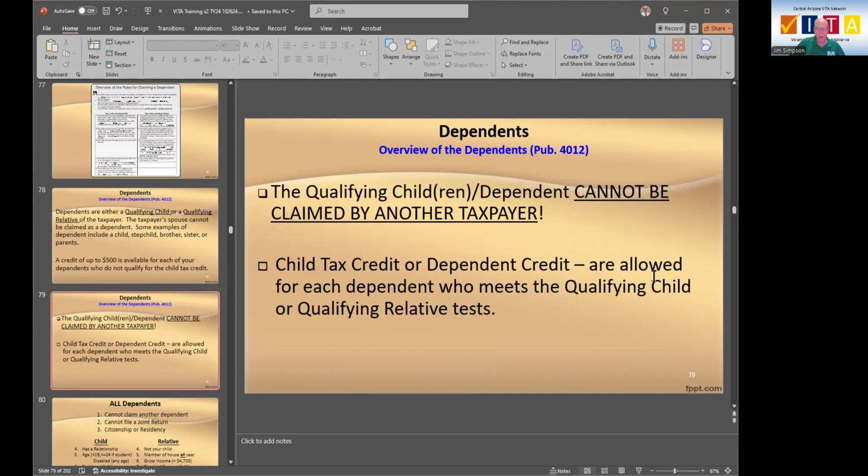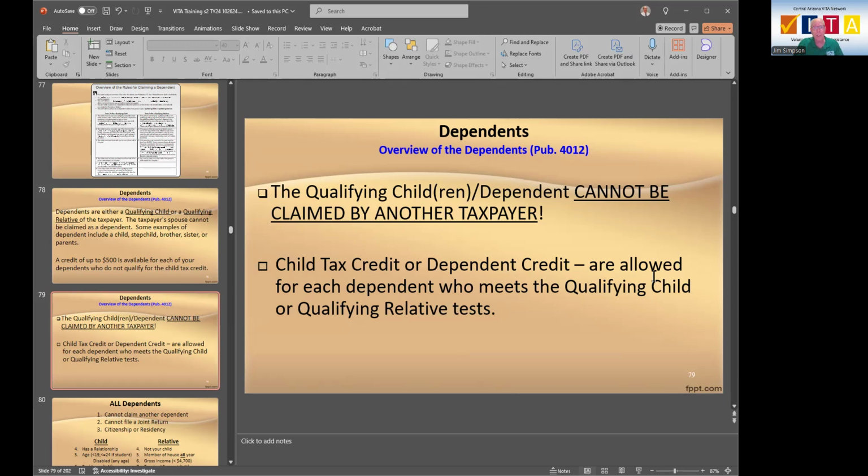Here's a big thing. The qualifying child or dependent cannot be claimed by another taxpayer. We see this happen all the time, especially with divorced parents or parents where the kids live with both of them for some time. We'll go over the rules of what that is, but the point I was trying to make is that one of the spouses who's not eligible to claim them may be smart enough to get that tax return filed as soon as tax filing opens, and they get the credit for the kid.